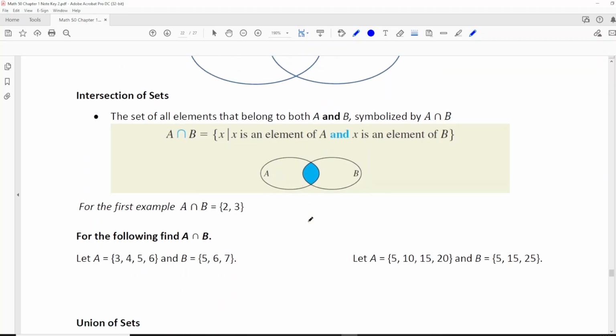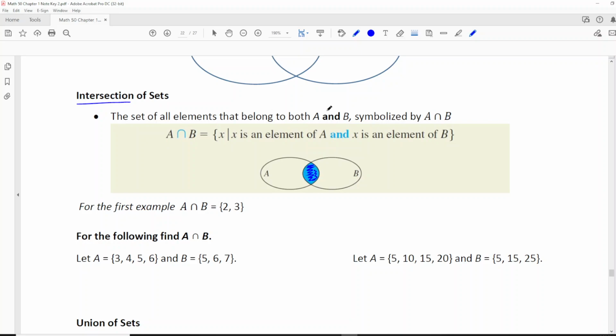So the first thing we're going to look at is the intersection of sets. The intersection of sets is all the elements that belong to both sets. So if this is A and this is B, the things that belong to A and B would satisfy A and B. Now, intersection, there are 3 words and symbols here.